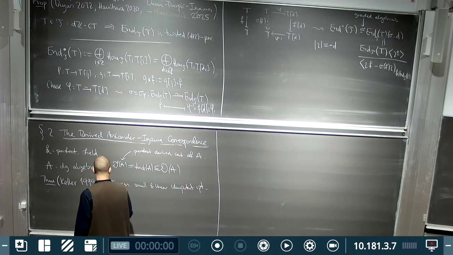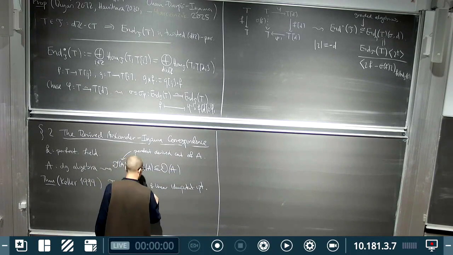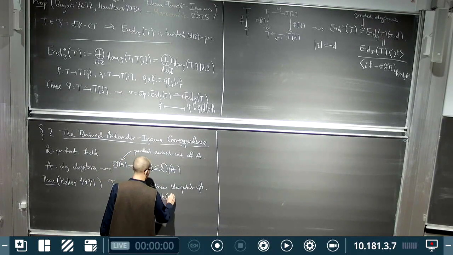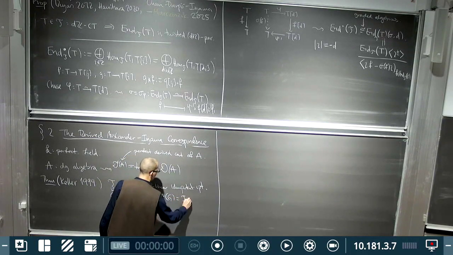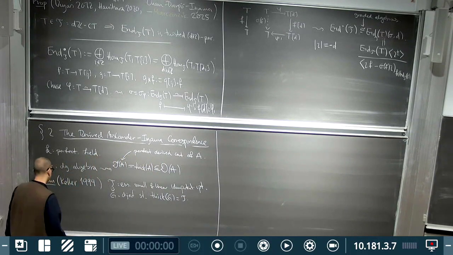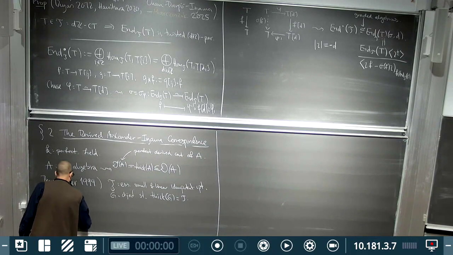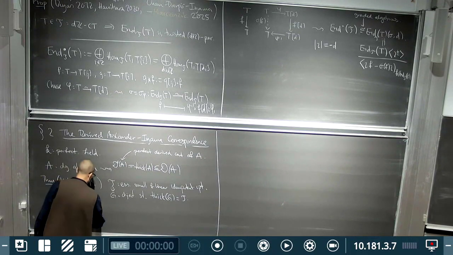And then I have an object G such that the thick closure of G in T is everything, so it's a classical generator. Then T is algebraic. So you know what algebraic means, it doesn't matter.